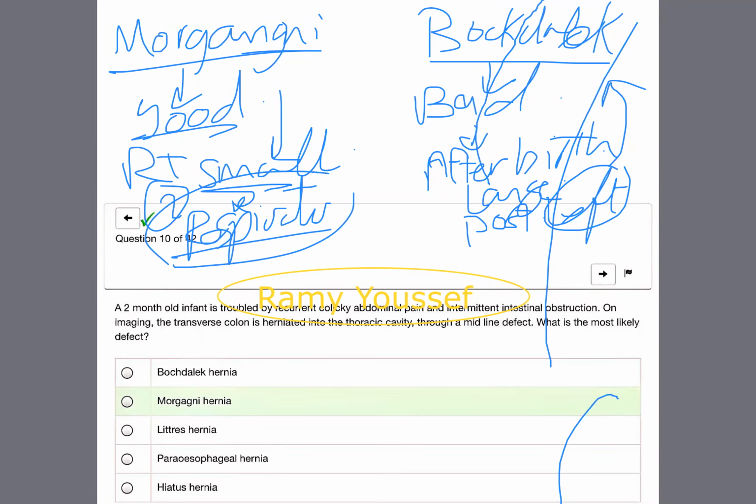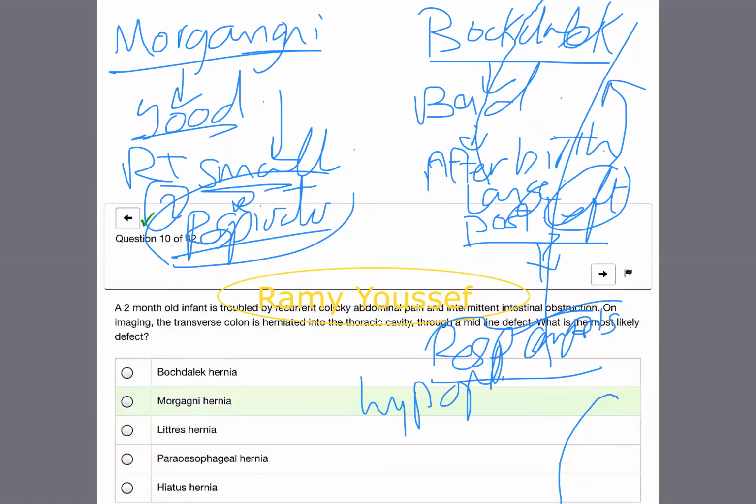But in Bochdalek hernia, the main complaint after birth is respiratory compromise or respiratory distress, as there is hypoplasia of the ipsilateral side of the defect. As the defect is large, a big part of the abdominal viscera is herniated, so that will make respiratory distress.